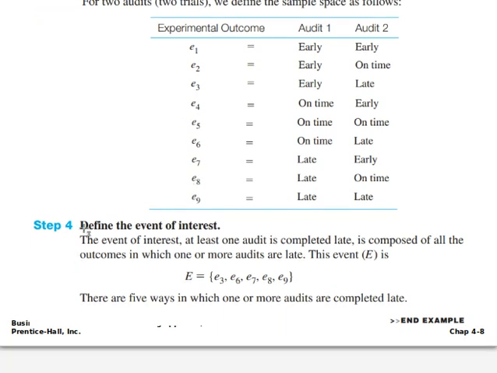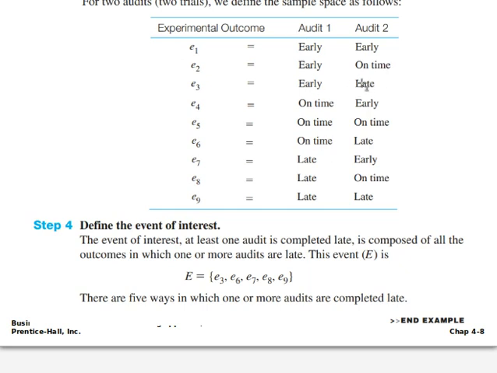Step 4, define the event of interest. The event of interest, at least one audit is completed late, is composed of all the outcomes in which one or more audits are late. This event E is based on this, where one of the two is late.